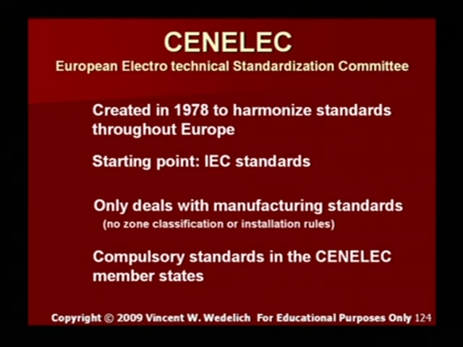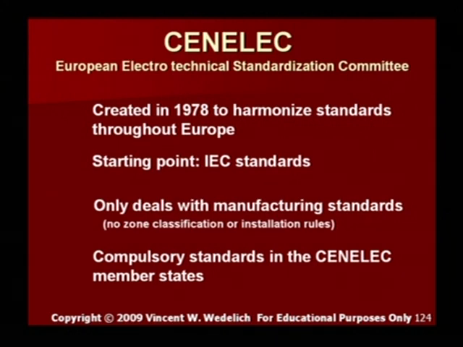CENELEC, the European Electrotechnical Standardization Committee, created in 1978 to harmonize standards throughout Europe. Starting point, IEC standards only deal with manufacturing standards, no zone classification or installation rules. Compulsory standard in the CENELEC member states. So what this means is if you're a manufacturer of equipment and you're trying to ship it to the European states, you must have a CE label if it's a general purpose panel.